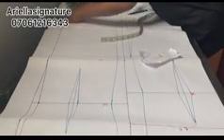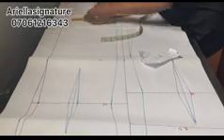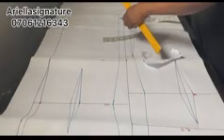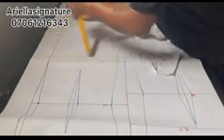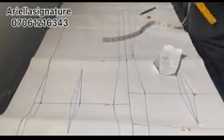See my back vent. So this is the vent, V-E-N-T, vent. That is the vent, you understand?